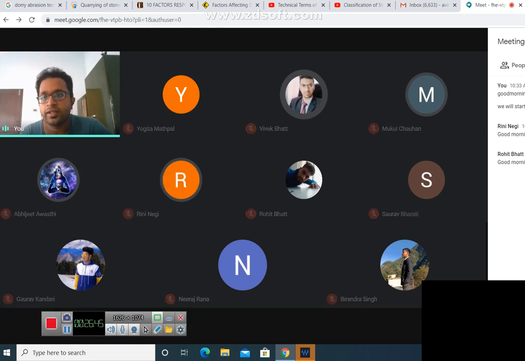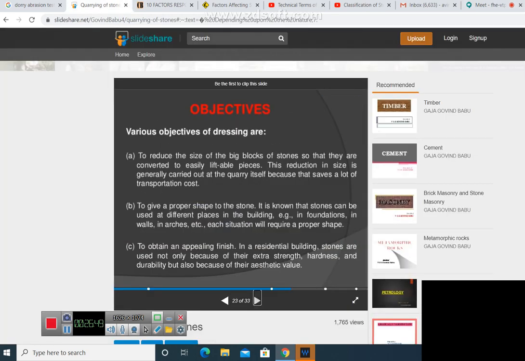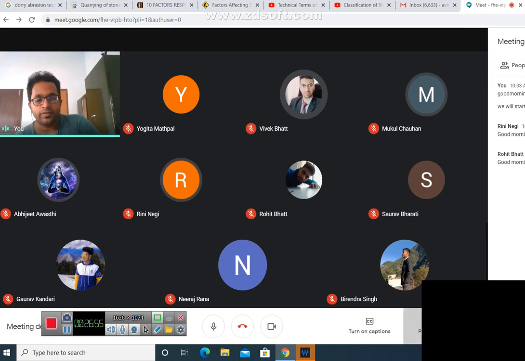That is why this dressing operation is very much essential. Now, what are the various objectives of dressing? Let us see the different objectives of dressing.